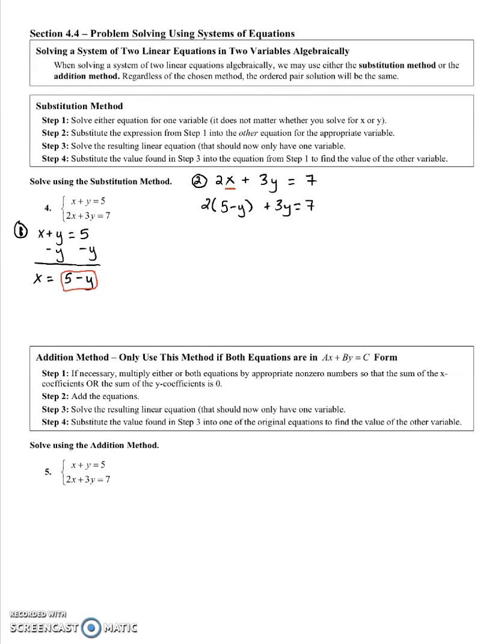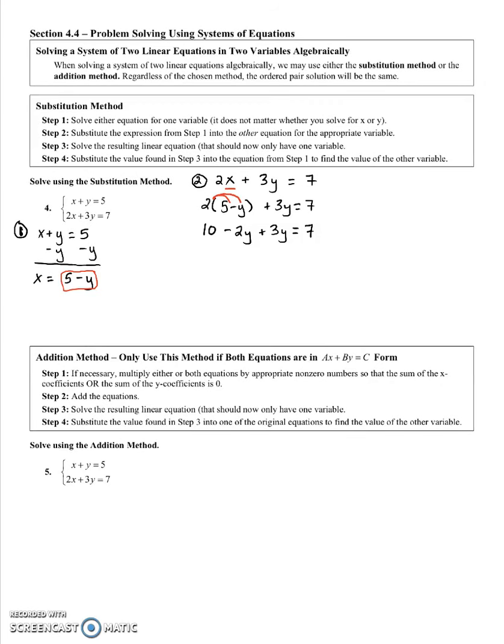Now, we solved these previously in chapter 3, or maybe chapter 2, I forget. So 2 times 5 is 10. 2 times the negative y is minus 2y, plus 3y equals 7. Remember, I just distributed the 2 to both things in the parentheses.